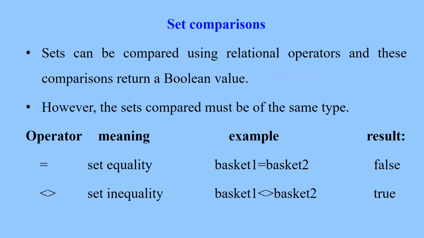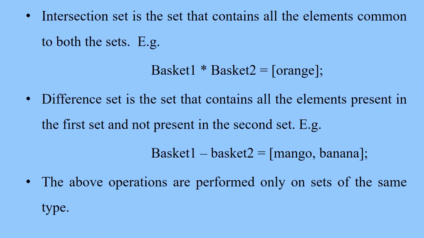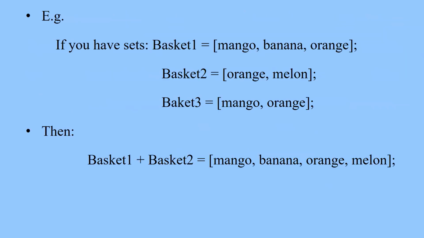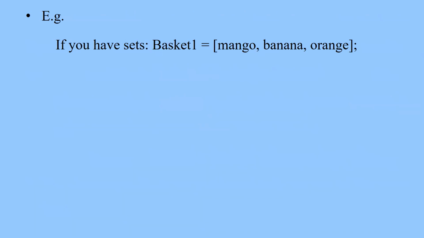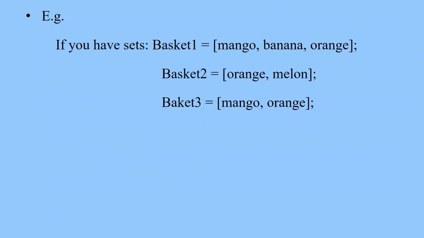First of all, have a look at basket 1 and 3. Here is our basket 1. It contains mango, banana, and oranges. Here is basket 3. It consists of mango and orange.